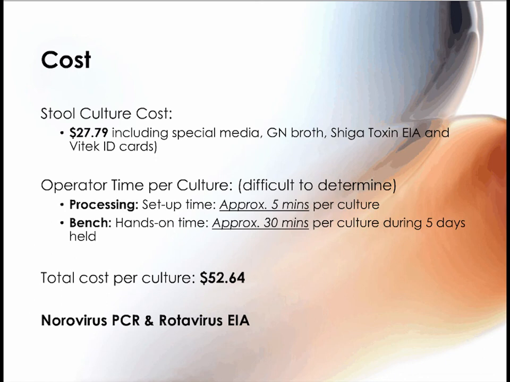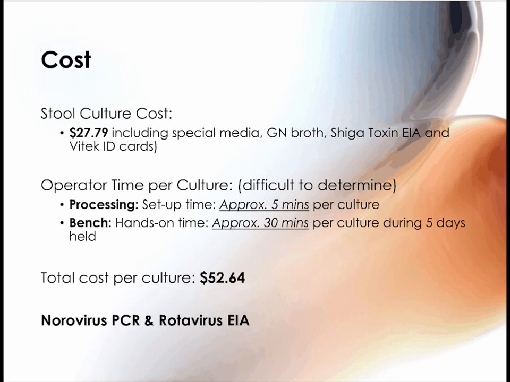For the operation of the culture, we reviewed the amount of work that the bench was performing on the stool, and we got a total of 35 minutes: 5 minutes setup time and 30 minutes per culture during 5 days. So in total, we get an average of almost $53 for the whole stool culture, considering the supplies, the reagents, and the hands-on time of the staff.